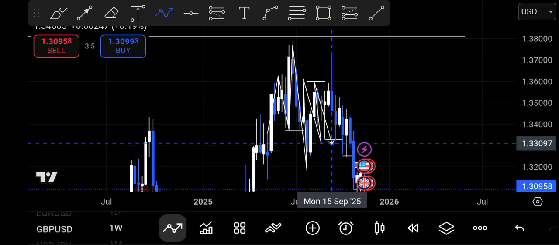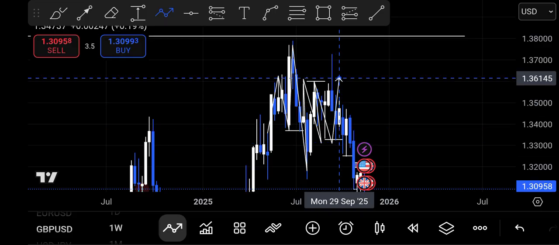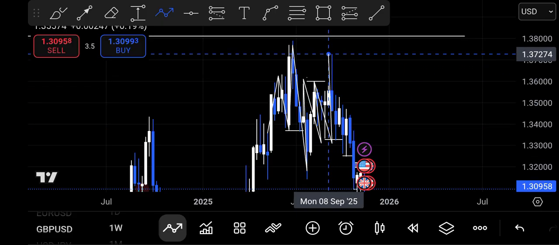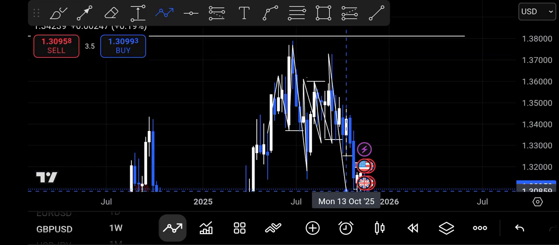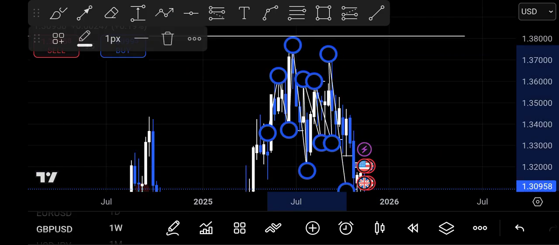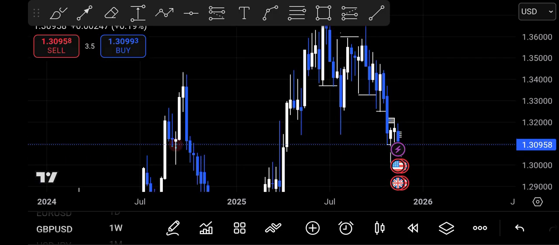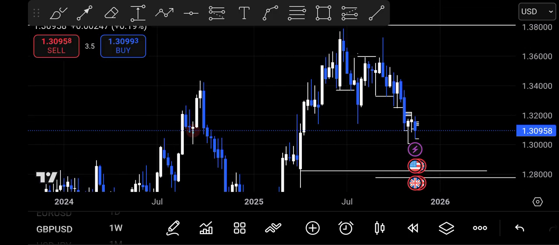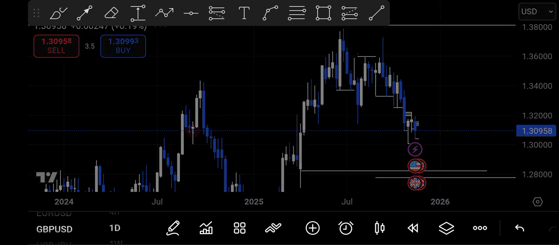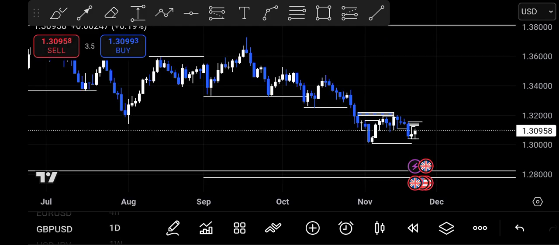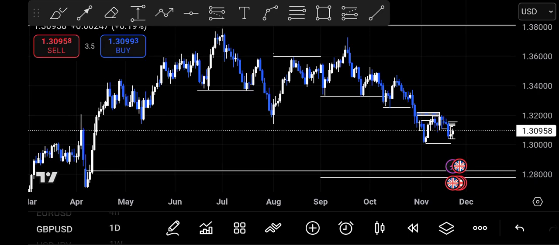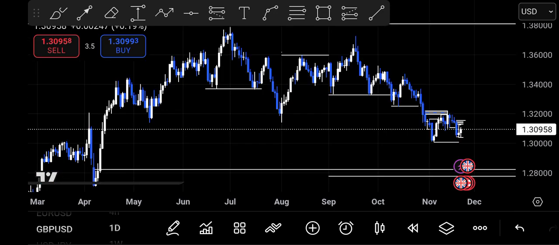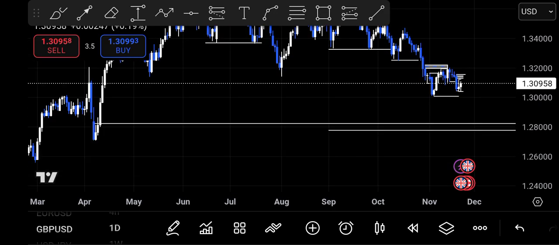Potentially it could, and it might not, but here price grabs liquidity, touches the POI, and also breaks structure to the downside. So when I found this out, my main bias was, let me switch to the lower time frame, the daily time frame. Now I'll be looking for sales, more sales to the downside.